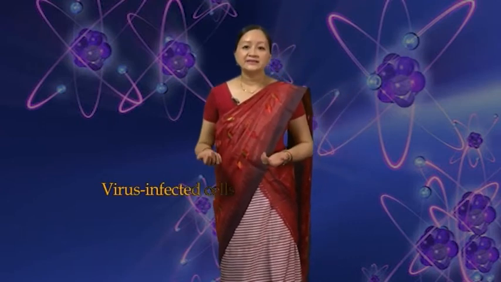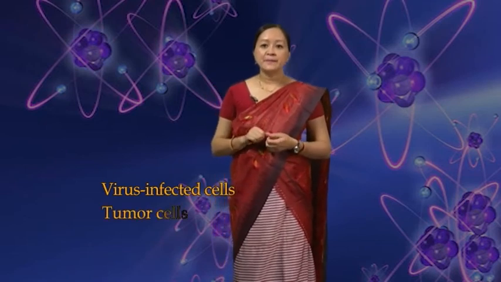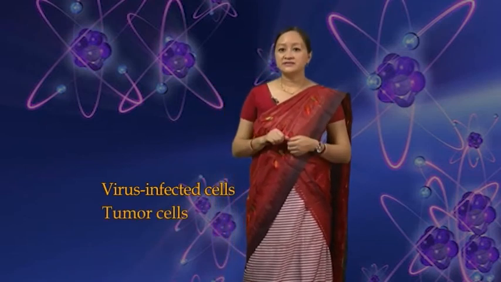Cytotoxic T lymphocytes or CTLs are generated by immune activation of T cytotoxic cells. These effector cells have lytic capability and are crucial in the recognition and elimination of altered cells, for example virus-infected cells and tumor cells, and in graft rejection reactions.